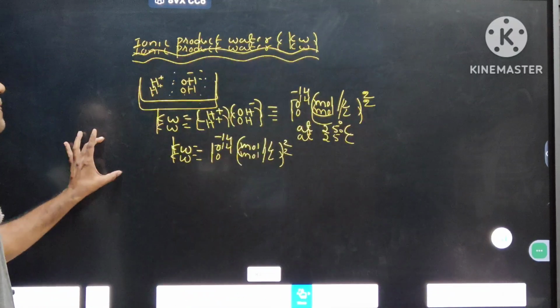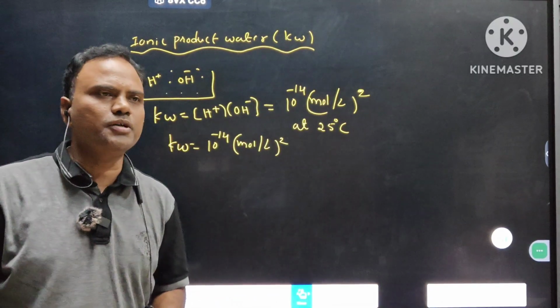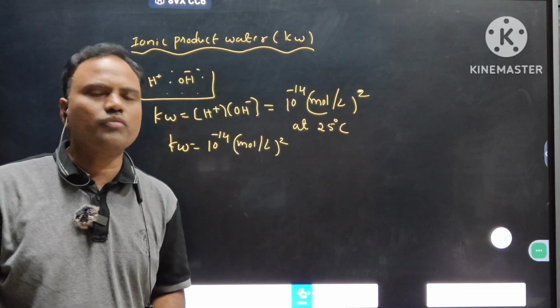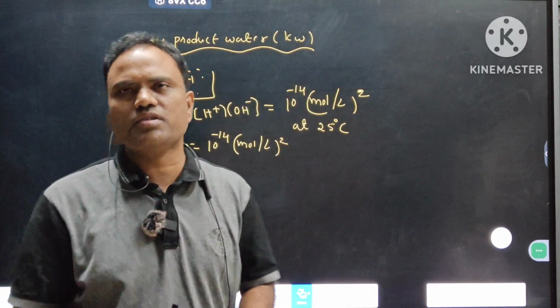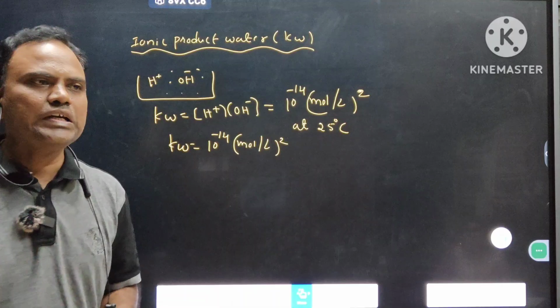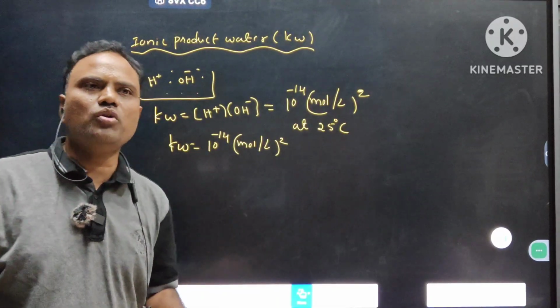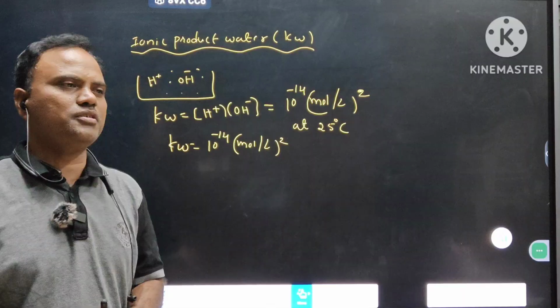Now you tell me, according to chemical equilibrium, equilibrium constant depends on what? The one and only factor which affects the equilibrium constant is temperature. Similarly, Kw also depends on the temperature.